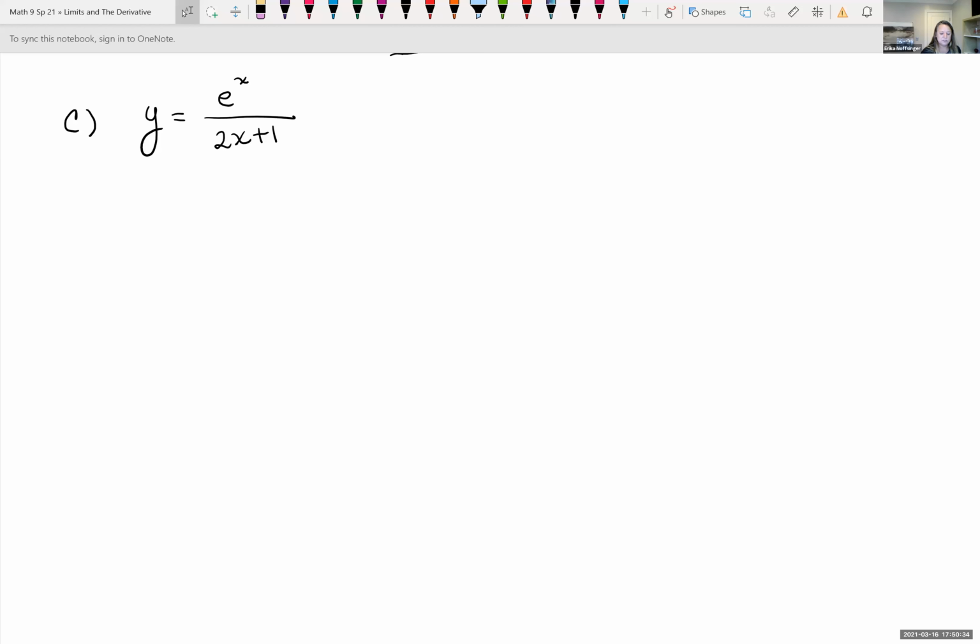So we have y equal to e to the x all over 2x plus 1, and we want to find the derivative of that. I noticed that we have a quotient, so we need to use the quotient rule. I guess I could manipulate it a little bit. If we didn't want to use the quotient rule, we could rewrite this as y equal to e to the x.